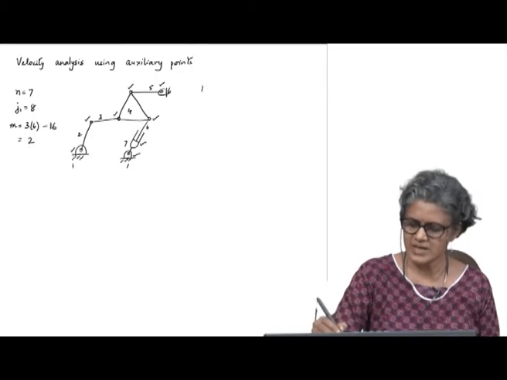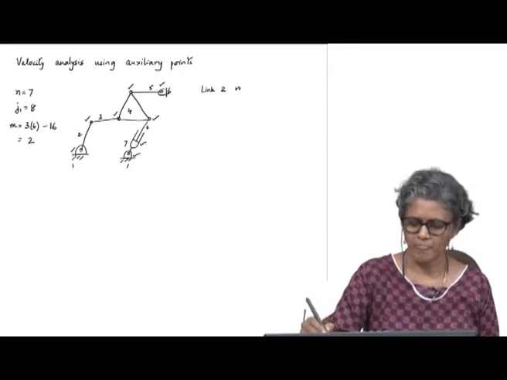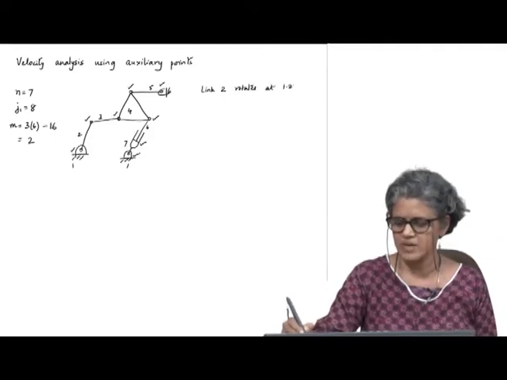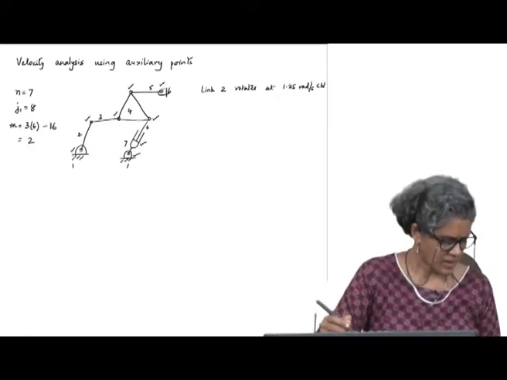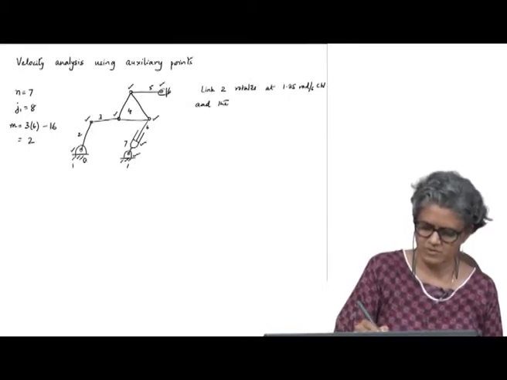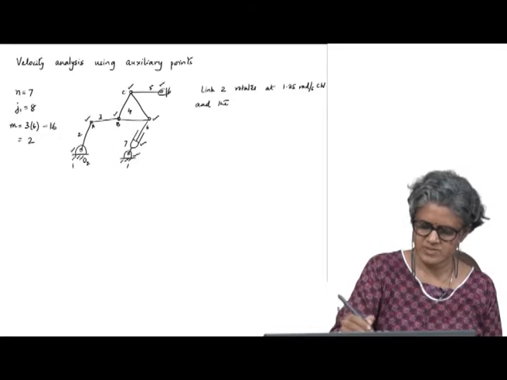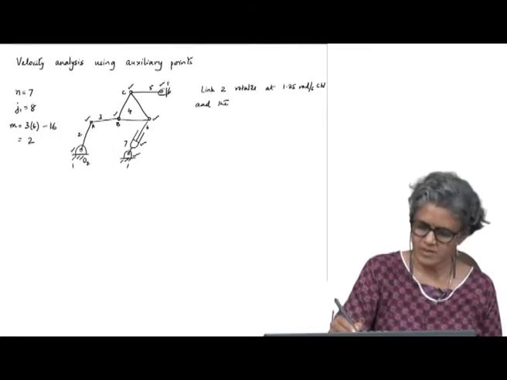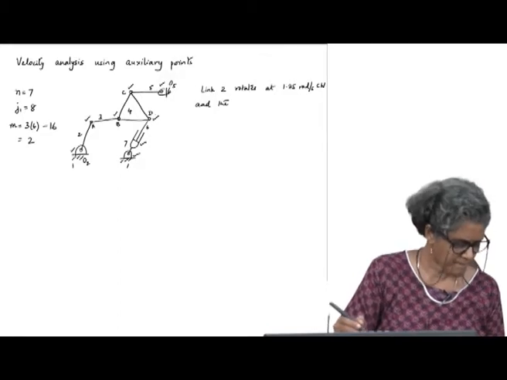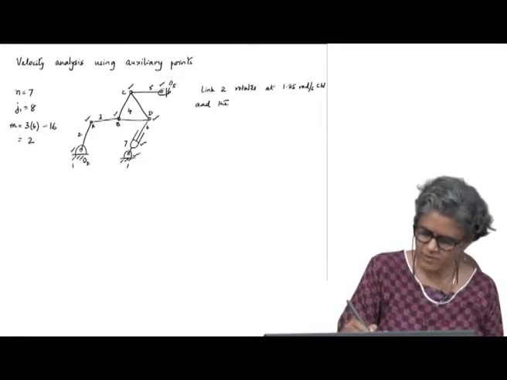So let us say link 2 rotates at some omega, say 1.258 clockwise, and the hydraulic actuator, so say this is O2, A, B, C, D, and this is O7.